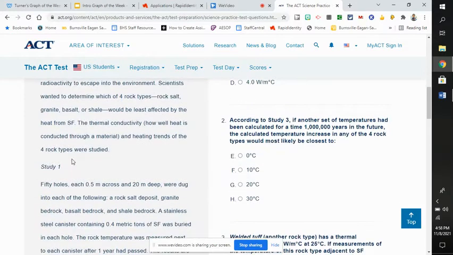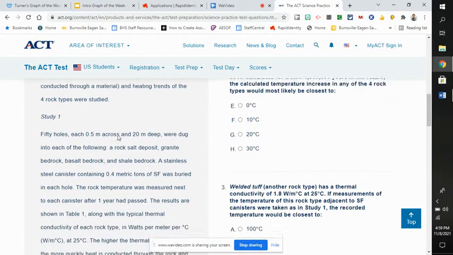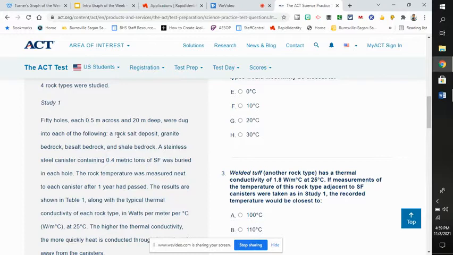Spent fuel. The thermal conductivity. What does that mean? How well heat is conducted through a material, and heating trends of four rock types were studied. Then it talks about each study.